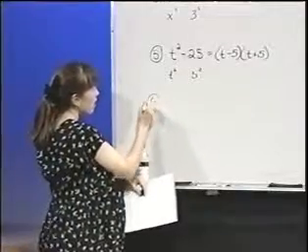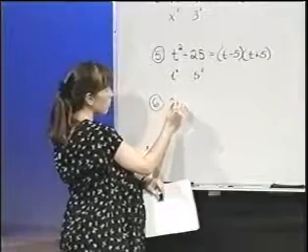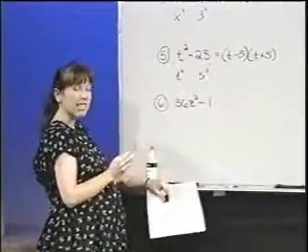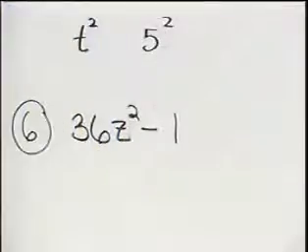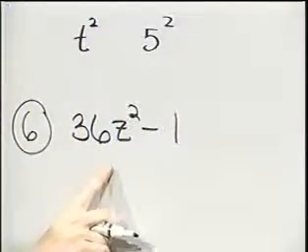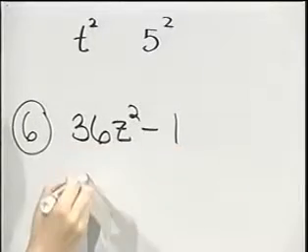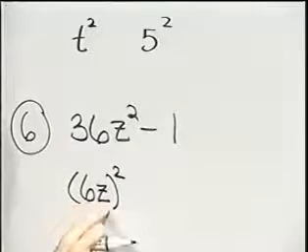And let's take a look at another one, a little trickier. Let's take 36z squared minus 1. Again, is it of the correct form? Is this a square and this a square? Well, this is 6z squared, right?